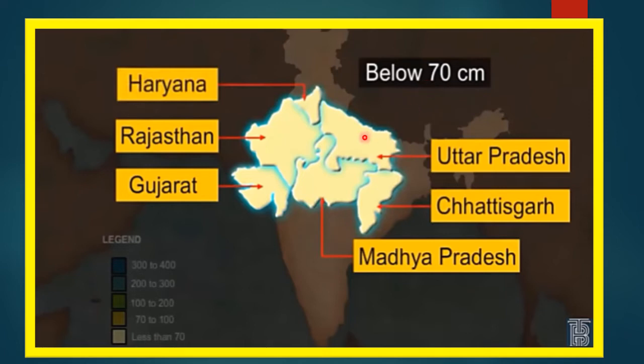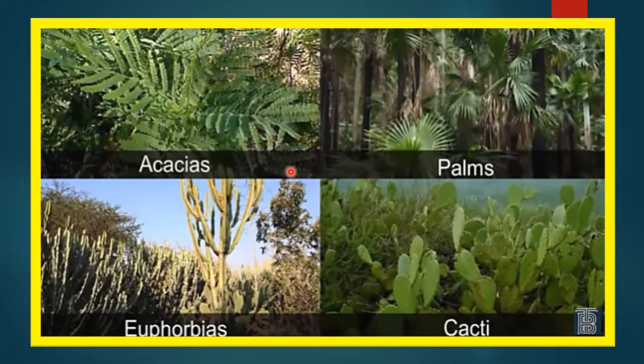You see, this type of vegetation is found in the northwestern part of our country, including the semi-arid areas of Gujarat, Rajasthan, Madhya Pradesh, Uttar Pradesh, Chhattisgarh and Haryana. Acacia, palms, euphorbias and cacti are the main plant species found in this thorn forest and scrubs.